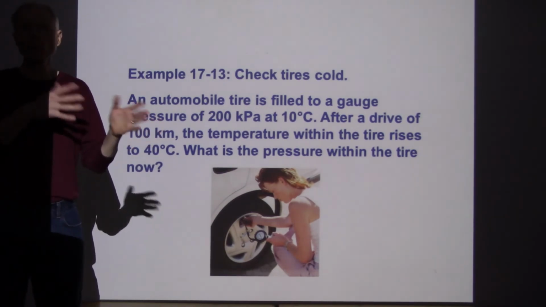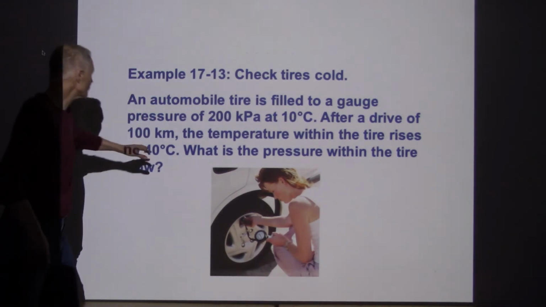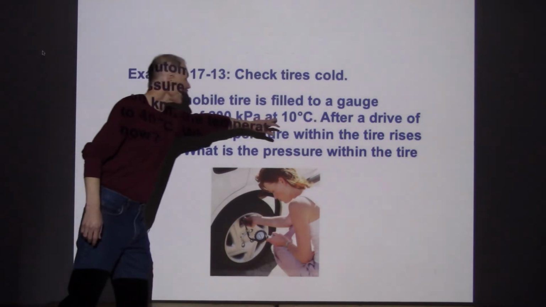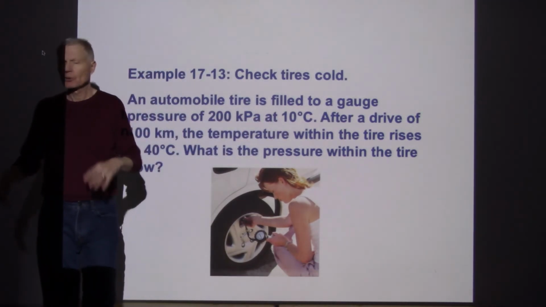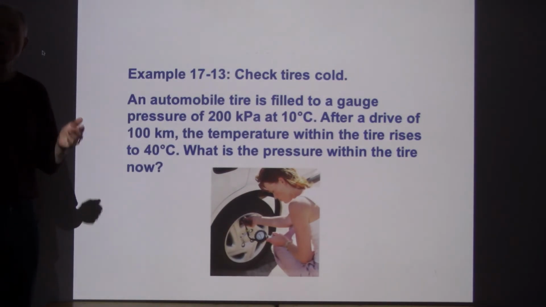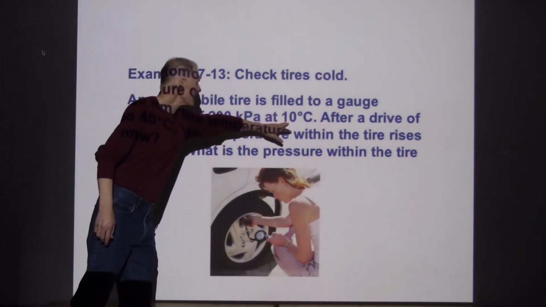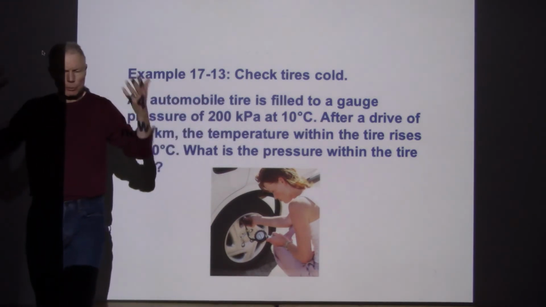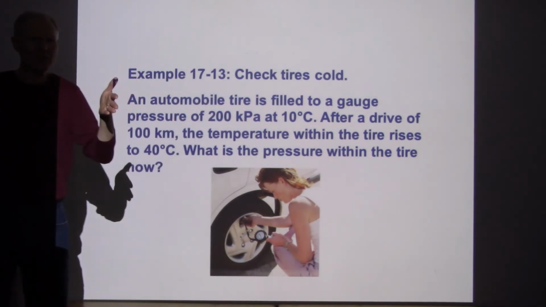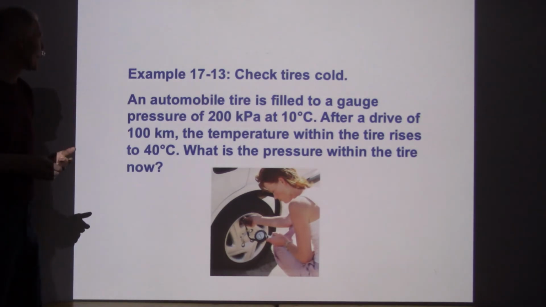Someone new to the Celsius scale might think, oh, at 40 Celsius, we'll have 4 times the energy. Well, that's completely wrong. Celsius is very misleading. In order to compare energies, we need to use kelvins. So the first thing I want to point out is that the 40 and 10 conceptually are not giving us an idea of how much faster the molecules are moving or how much more kinetic energy they have.